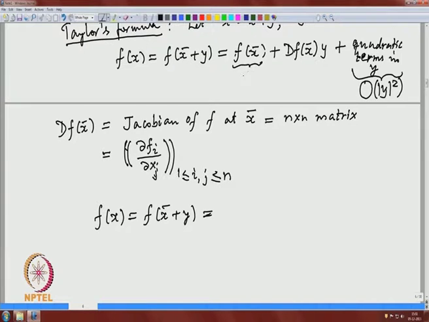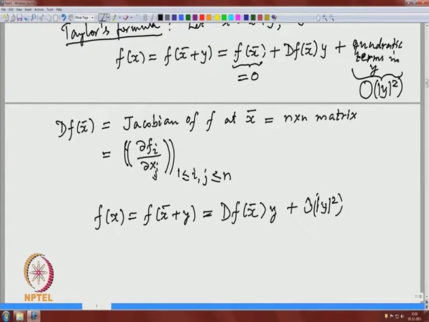So, this will be 0. Plus the remaining terms.